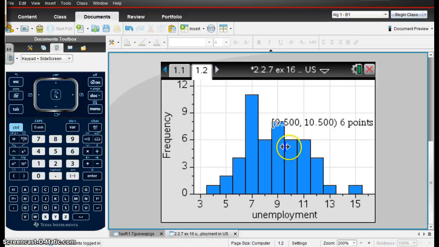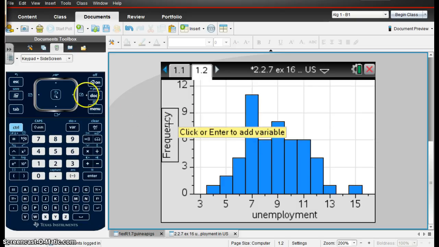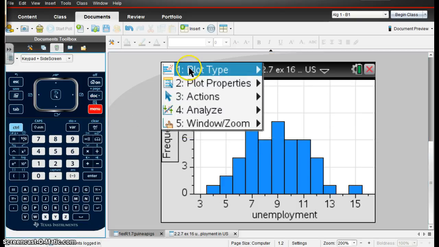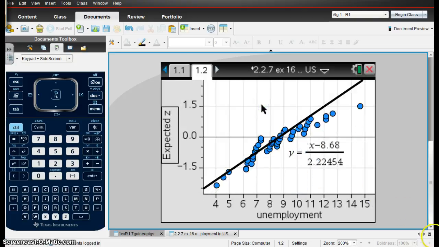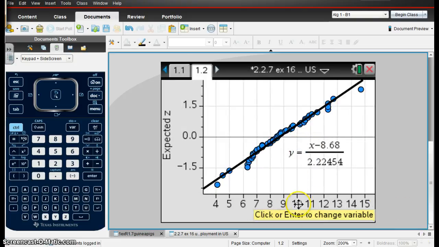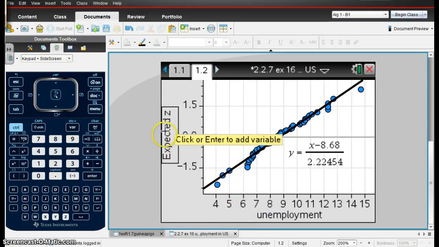You might say that this is a little bit skewed to the right because of this peak here, but I think it's going to turn out to be fairly well modeled by a normal distribution. So now we can go back to menu, go to plot type, normal probability plot.